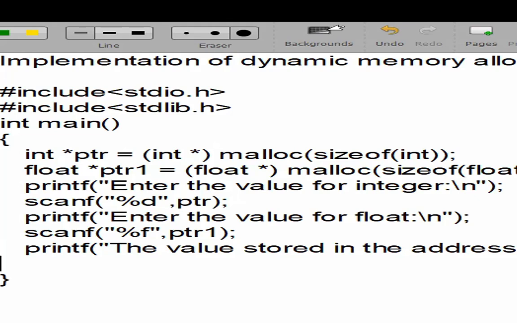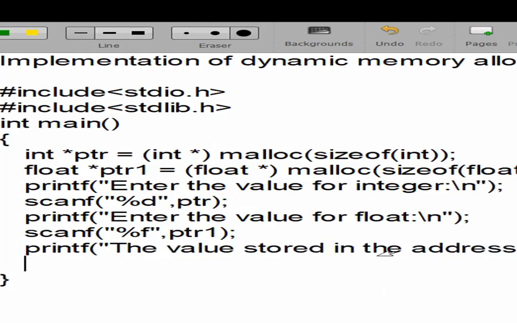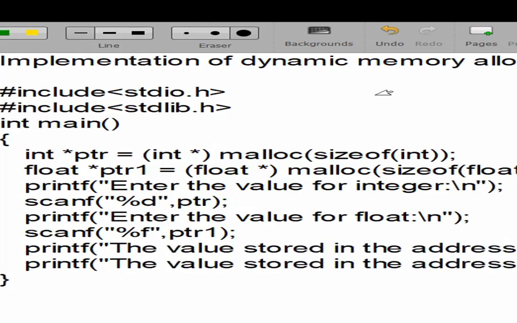In the same way, I'm going to print the second floating point value. Here also it is the same thing. The value stored in the address, percentage u, is here. I am going to print a floating point value, so here percentage f, but the percentage u is the same because in this place I am going to print an address.